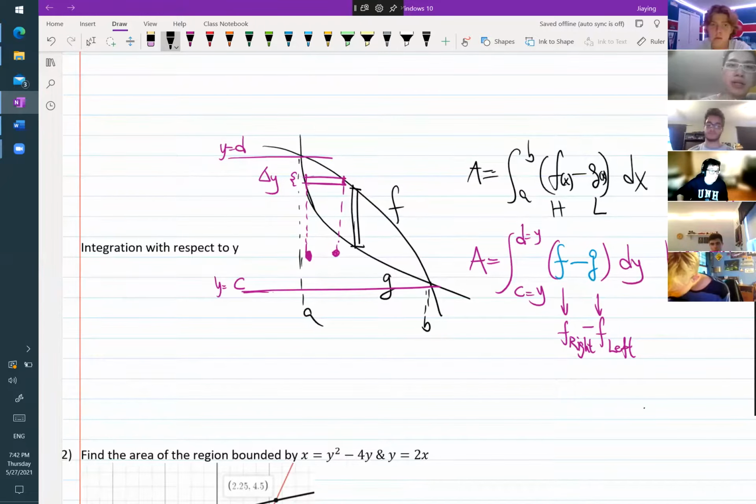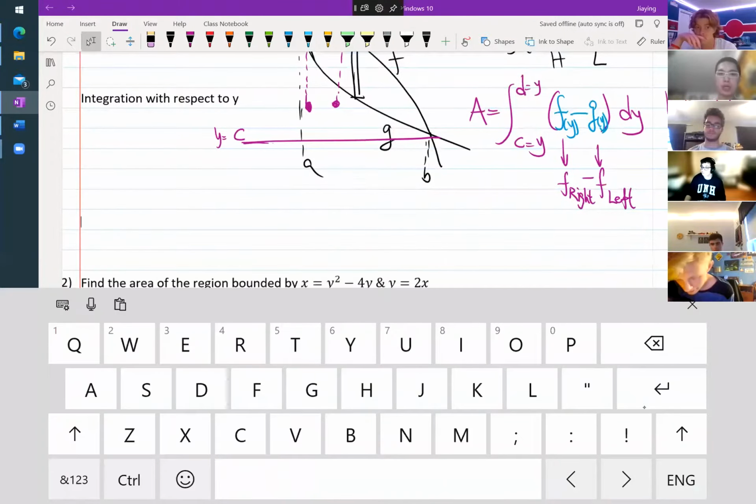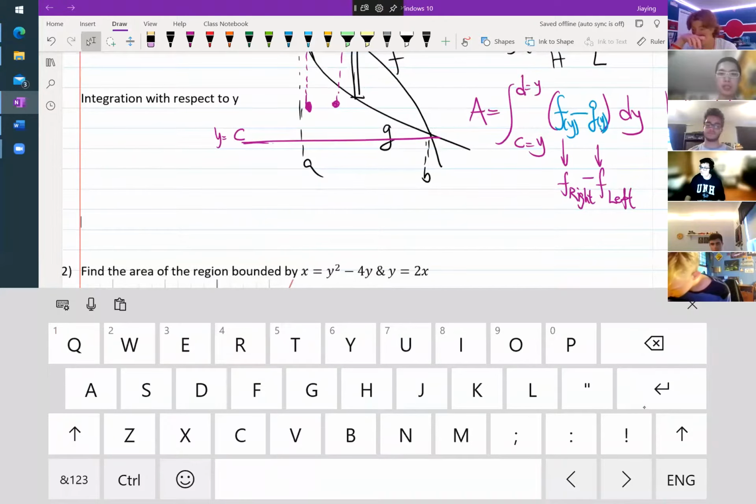But the new one, where we use a horizontal rectangle, is going to depend on y. So we have to use f of y and g of y. It probably doesn't make a lot of sense to you, but let me use this example to show you the process.